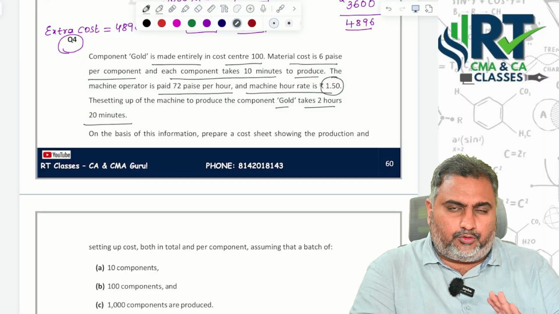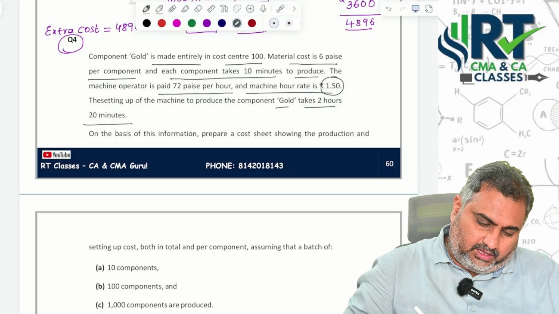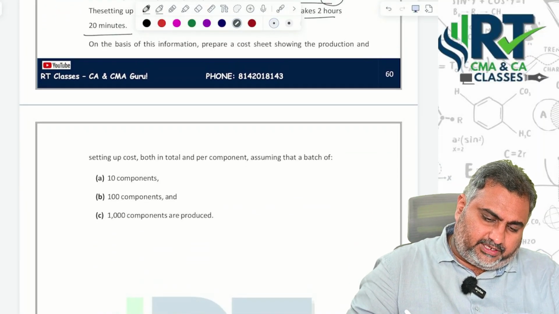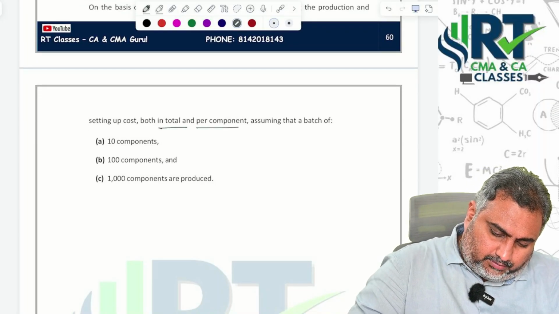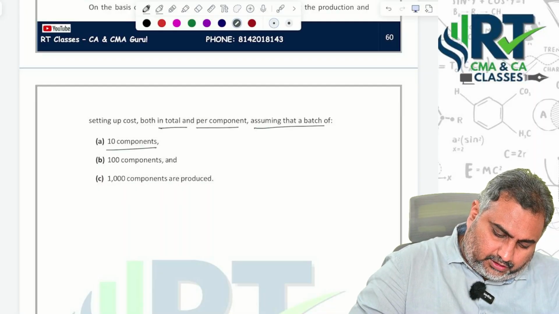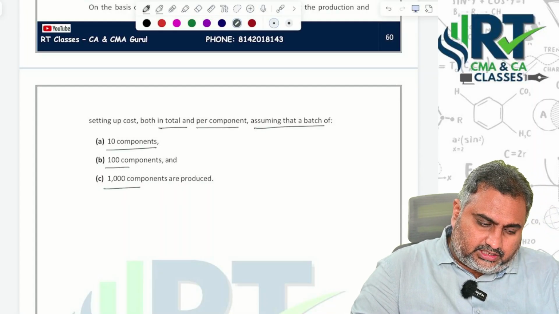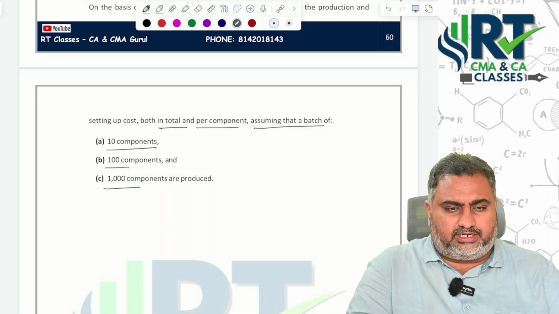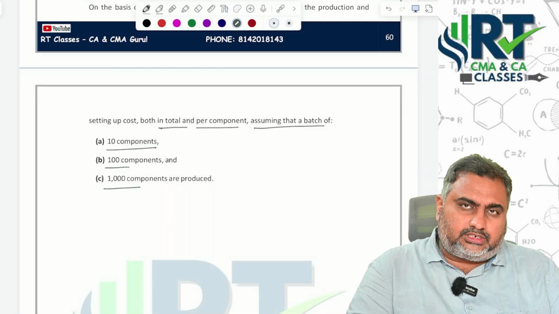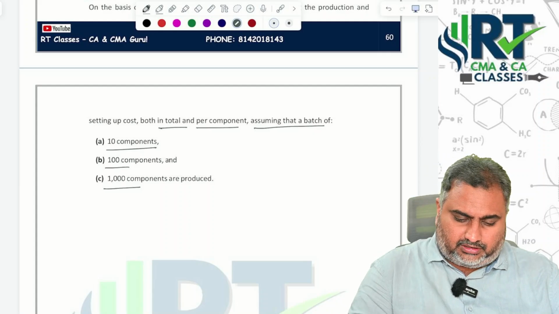Let's wait a few more minutes, you will get clarity. On the basis of the information, prepare a cost sheet showing the production and setup costs, both total and per component, assuming a batch of 10 components, 100 components, 1000 components. Same model question you have in the past examination. Please check that question once if you want to understand this question completely.